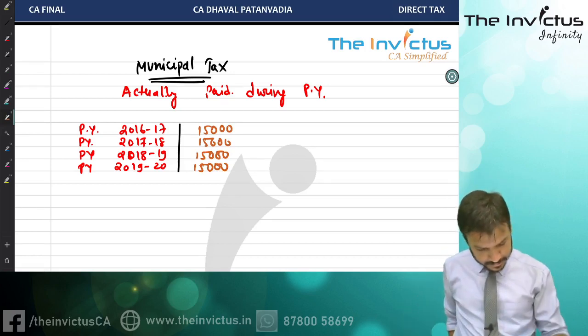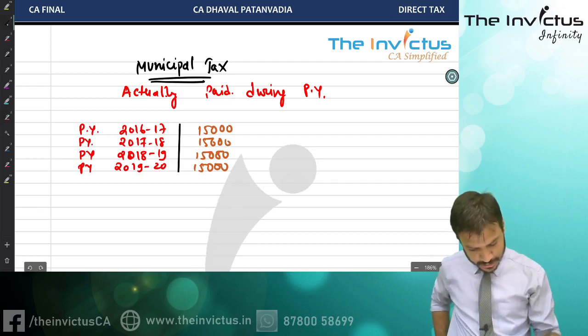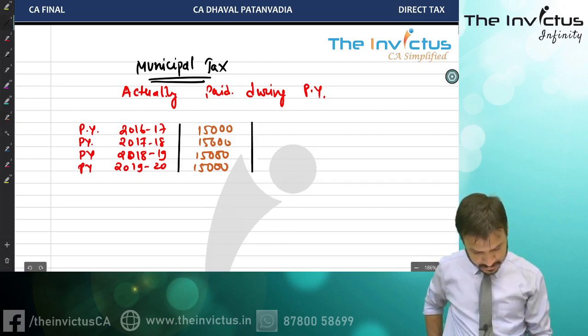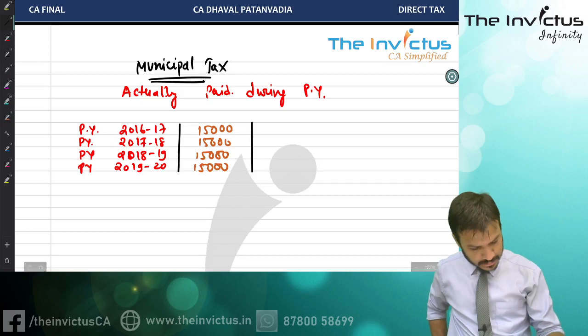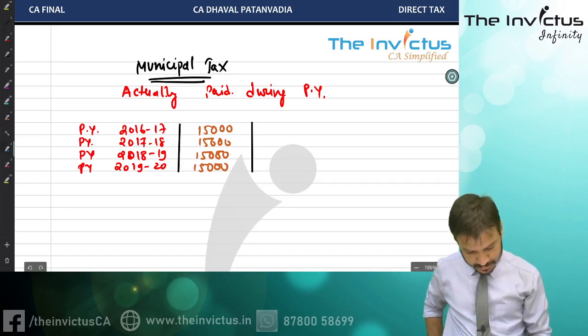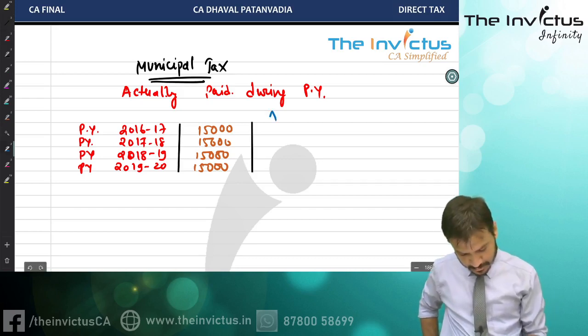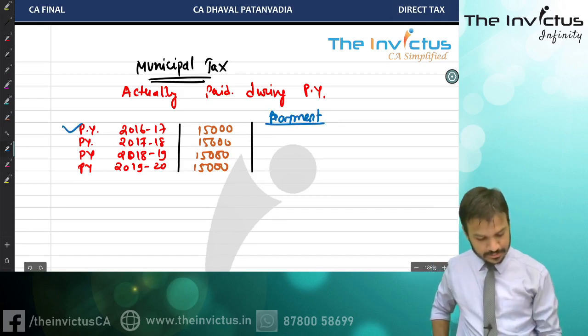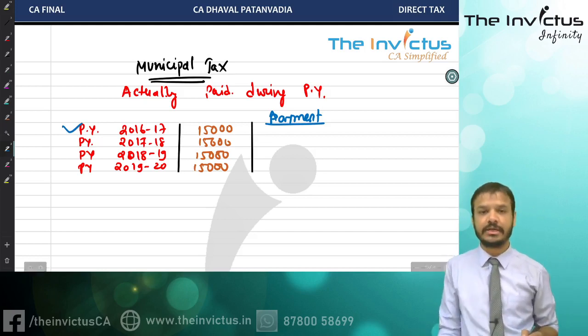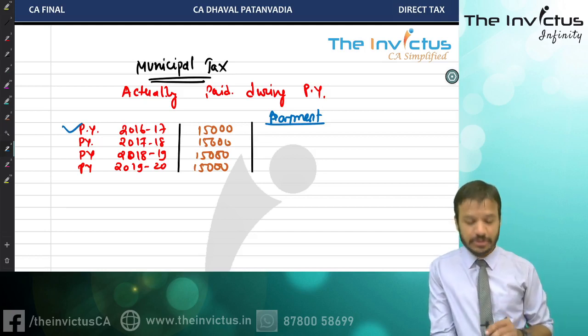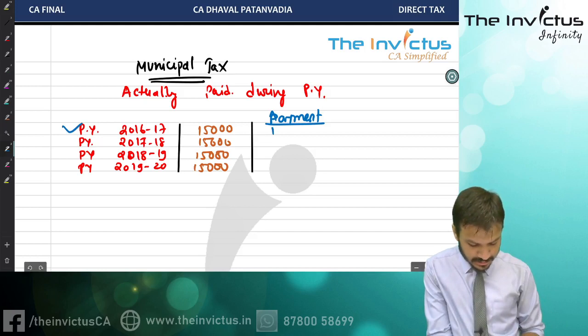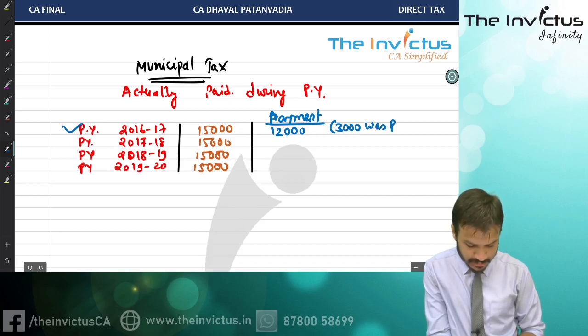Now I need to compute what? Actual payment. Amount actually paid. For example, in previous year 2016-17, I have paid municipal tax of rupees just 12,000, and 3,000 of particular year was payable.